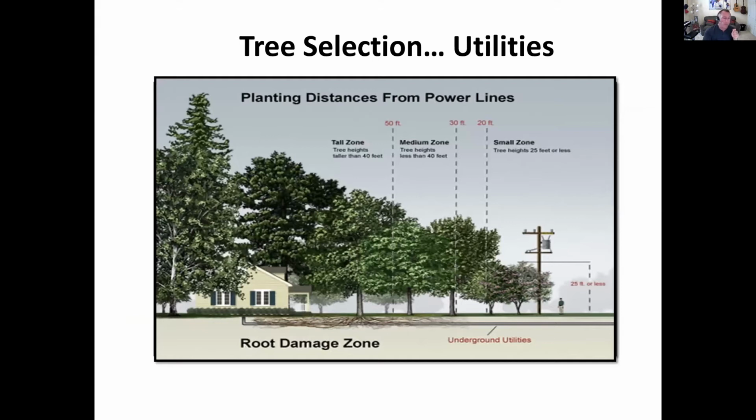Again, oftentimes it's great to work with them in that process. They have foresters that work in every community and can provide some resources in order to make sure that you have trees that aren't going to be negatively impacted by the demands of utility vegetation management.